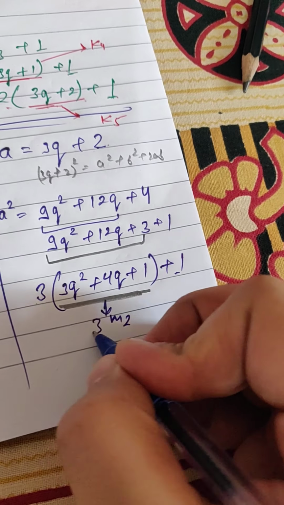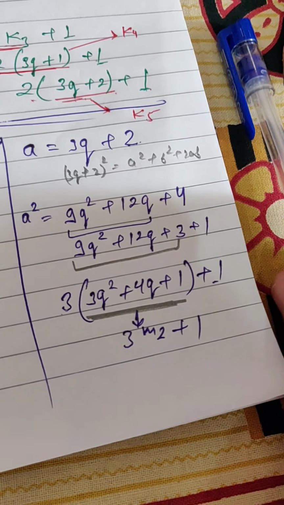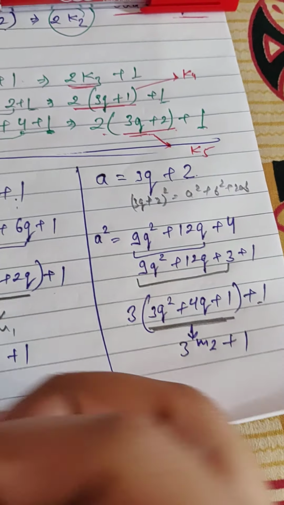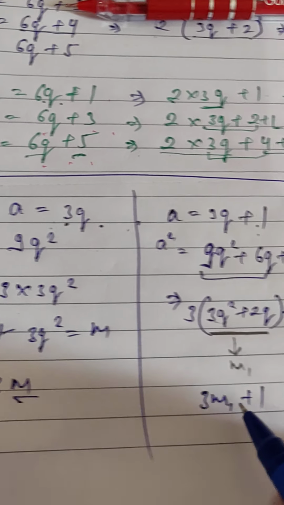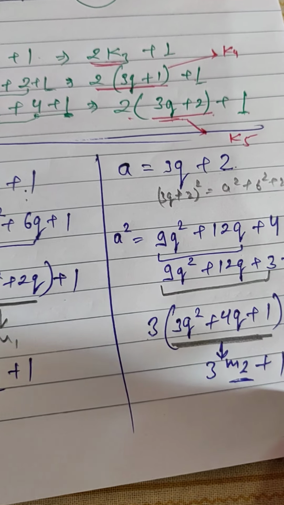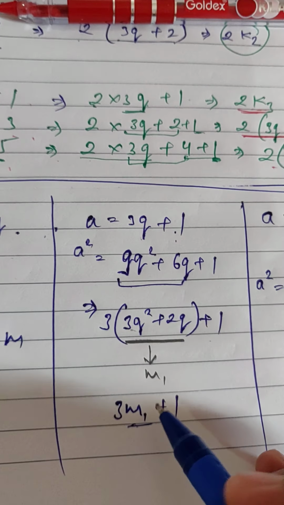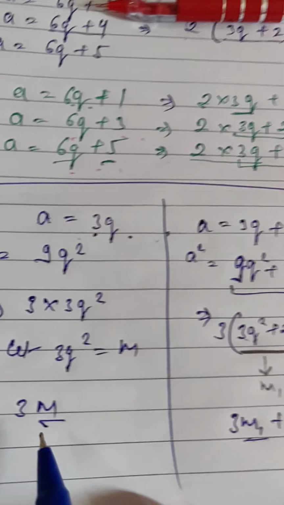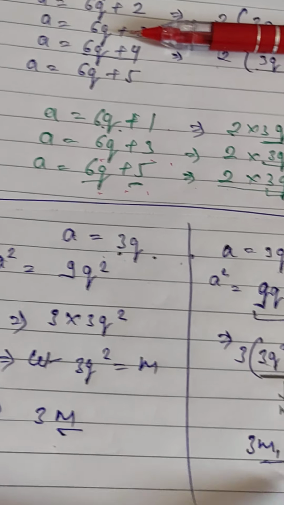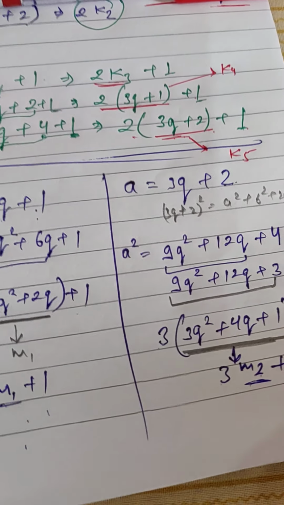So this is 3m2 plus 1. Thus we can say, because m is also a positive integer, this m1 is also a positive integer, this m2 is also a positive integer, so we can say that the square of these numbers can be written in the form 3m or 3m plus 1 form.